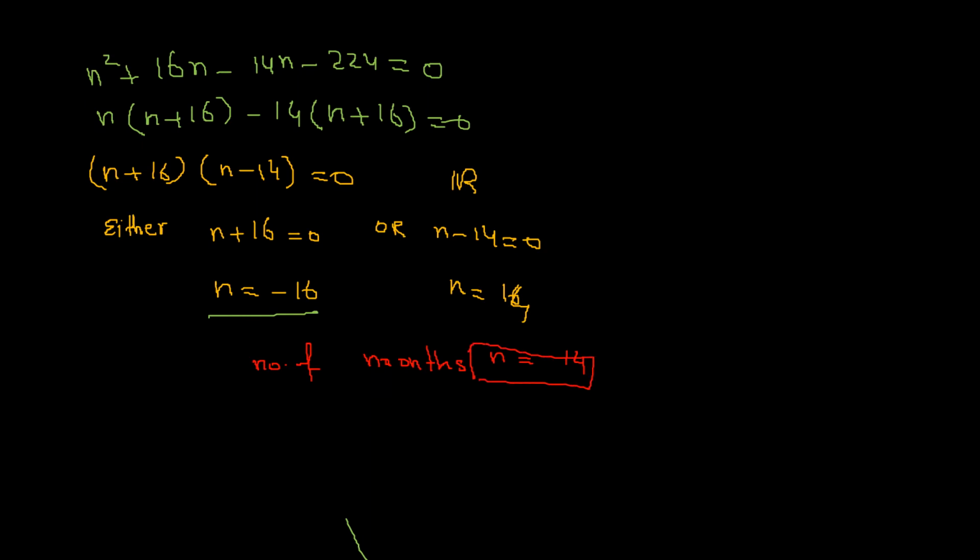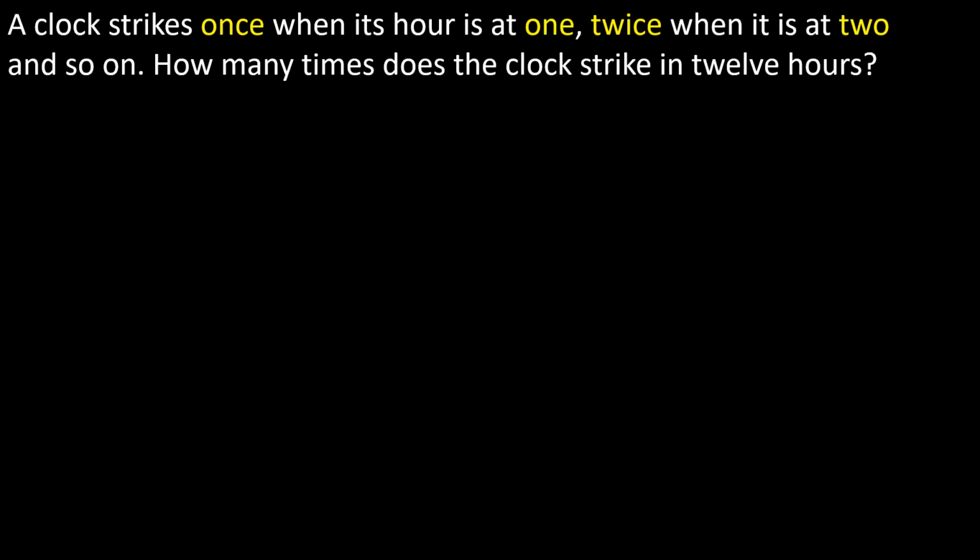Okay, so now we see the next question. It says that we have a clock, and that clock strikes once when its hour is at 1, and strikes twice when it is at 2, and it follows the pattern in this way. How many times does the clock strike in 12 hours?